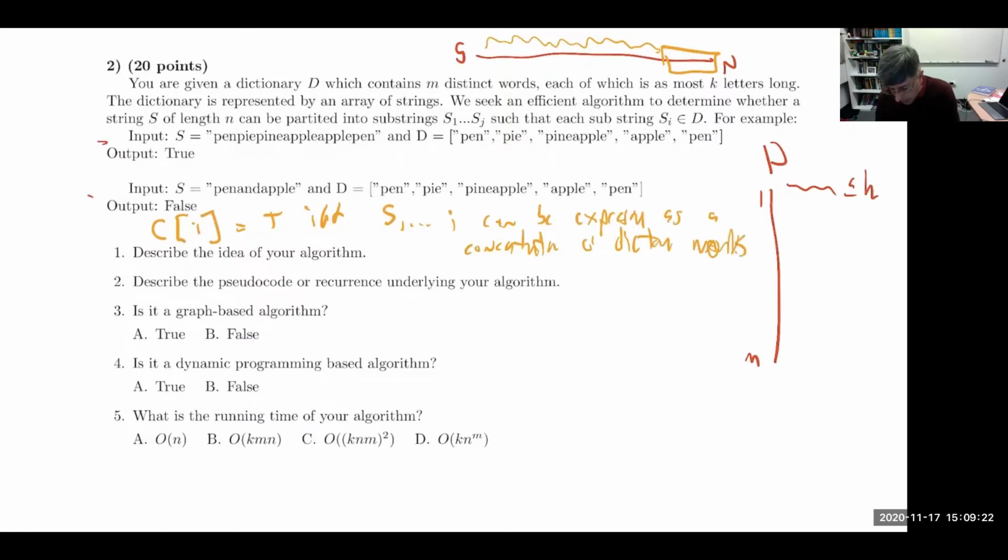Now that I've written it down, now that I know what my function is, can I define what that function is? I'm going to say C sub i with a recurrence.